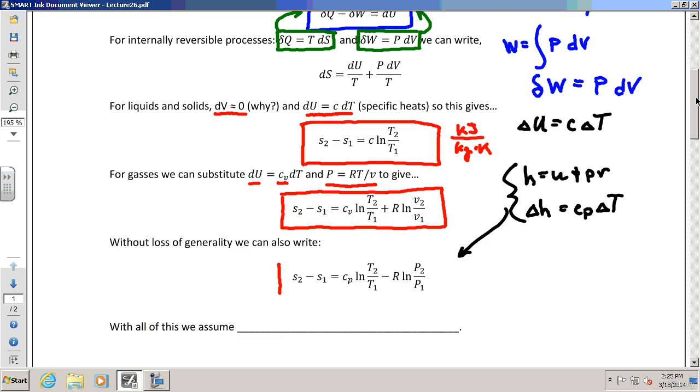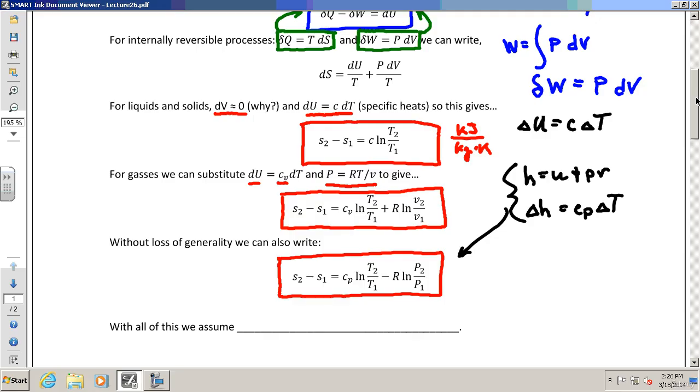And again, everything I've got boxed in red will be provided for you on an equation sheet. So we can basically derive that form as well. Now, both of these equations can be used to get the change in entropy of a gas. Why would you use one versus the other one?